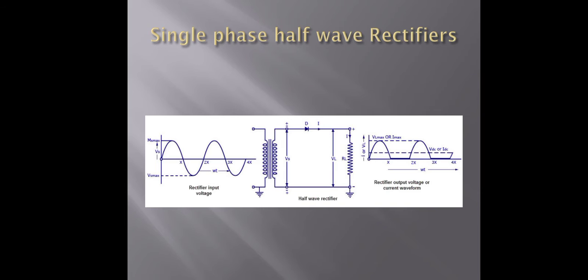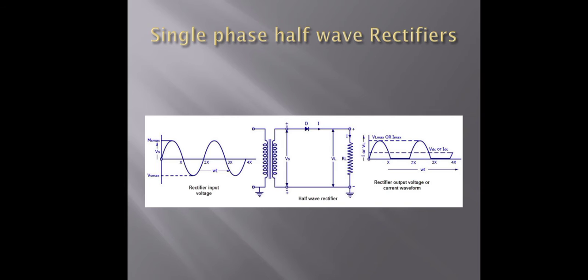Now first, the input signal applied is a sine wave. That means the sine wave has a positive half and a negative half, that is maximum and minimum. First we consider the positive half cycle of the AC sine wave.